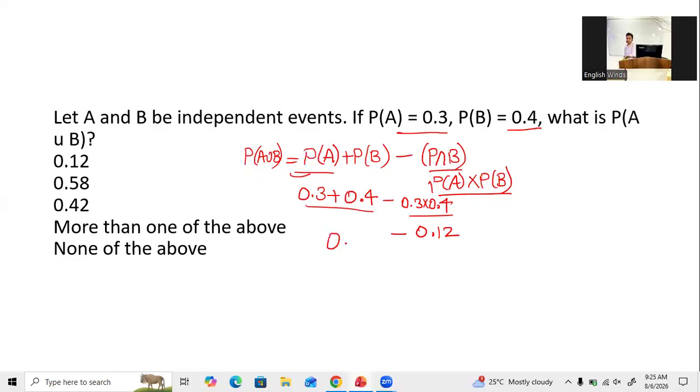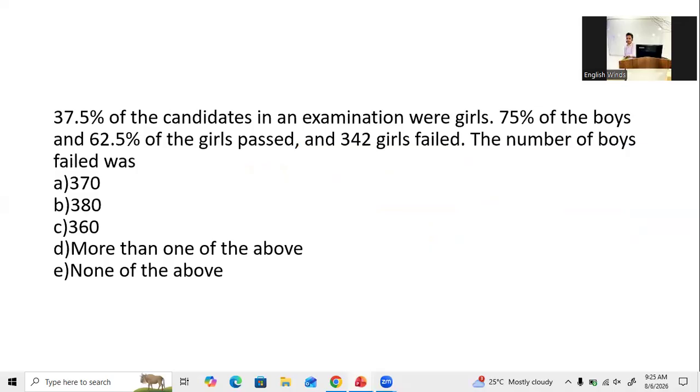So here the sum will be 0.7, and 0.7 minus 0.12 gives 0.58. So the answer will be 0.58. Now let's move on to our next question.